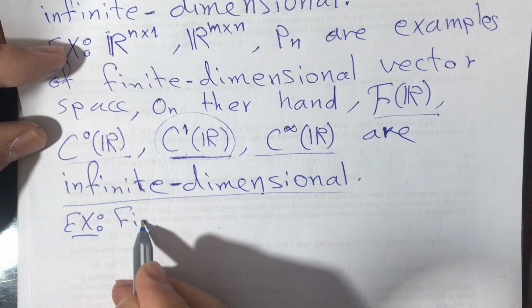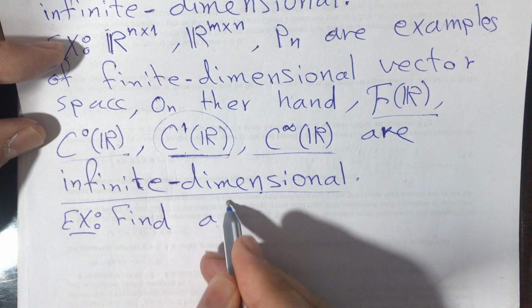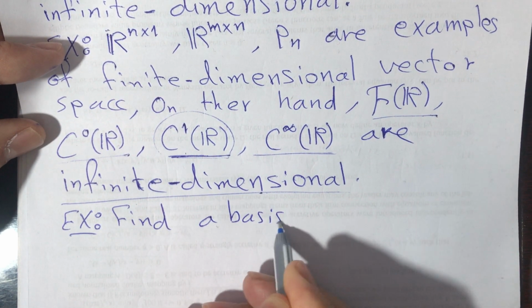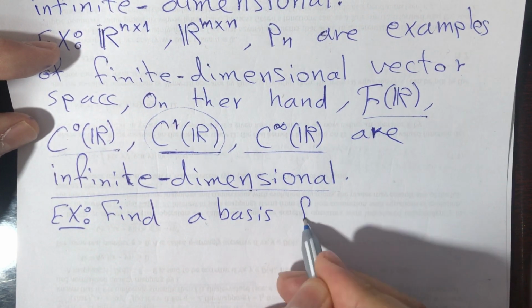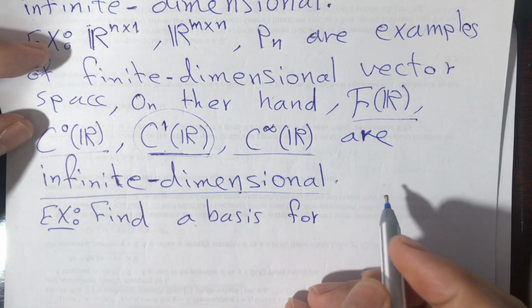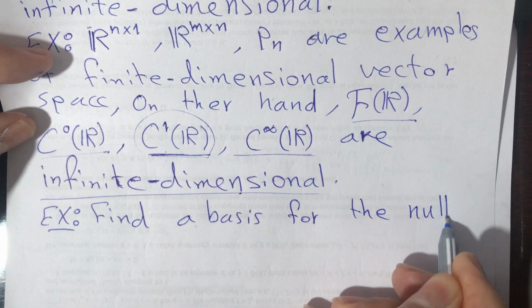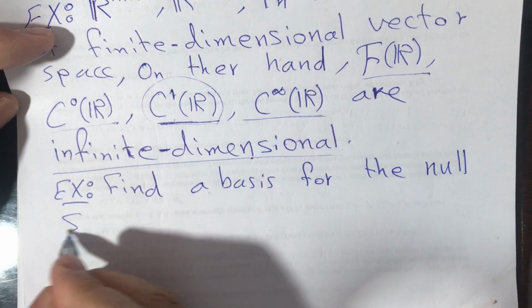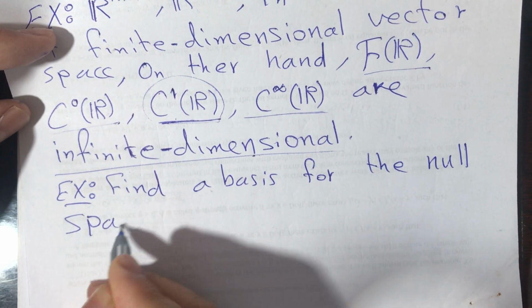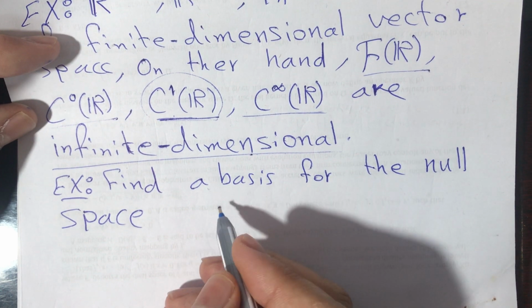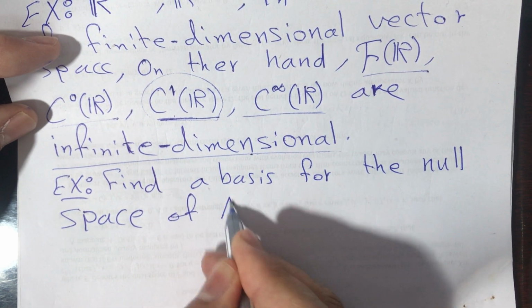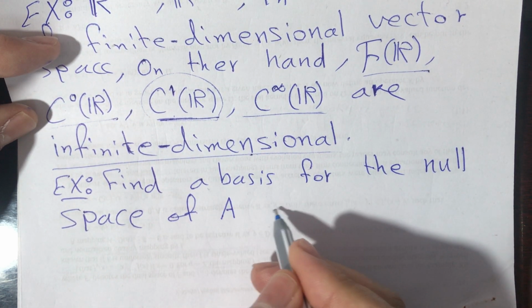Find a basis for the null space of A given below.